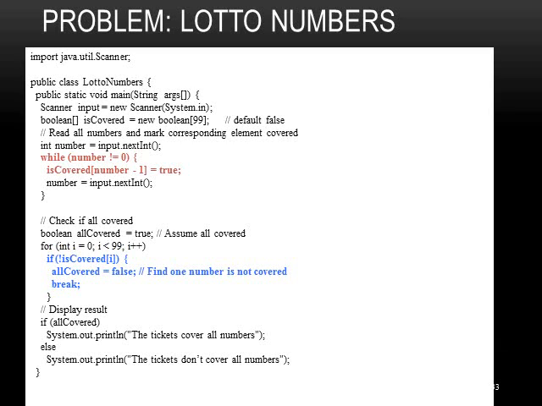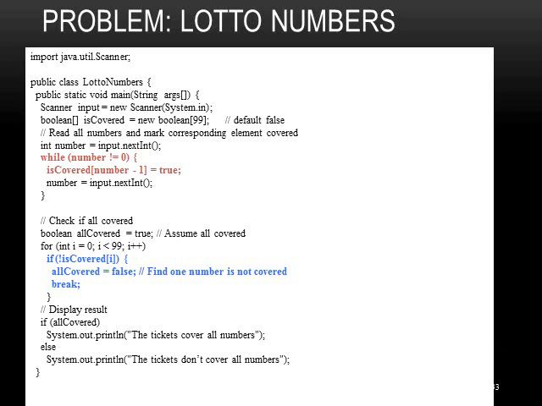First of interest in this program is the red code. 0 is not a valid lottery number. So the while loop will continue to run until 0 is entered. Inside the loop, the isCovered array element corresponding to the lottery number is set to true. Well, not exactly, since an array is 0-based.